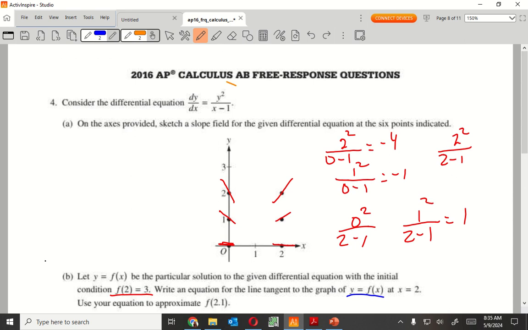Let's find the slope at the point 2, 3. So that's going to be 3 squared over 2 minus 1, which is just going to give me 9.